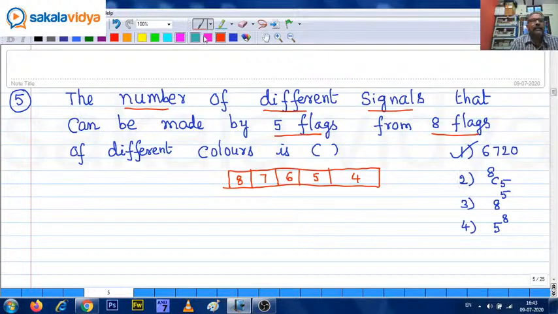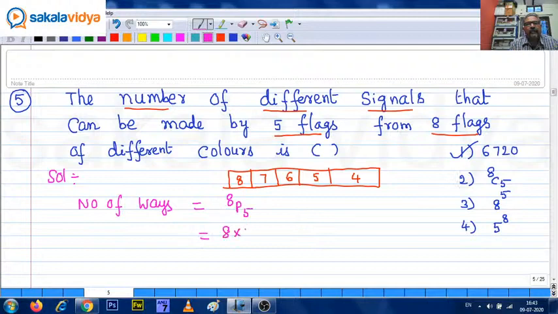So this can be written as the solution. Number of ways is equal to 8P5, that is nothing but 8 into 7 into 6 into 5 into 4.